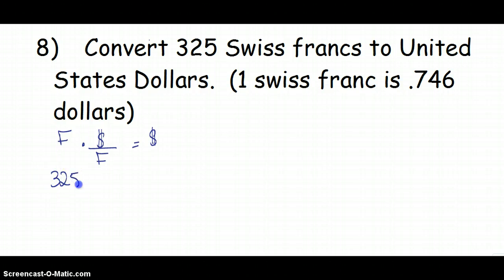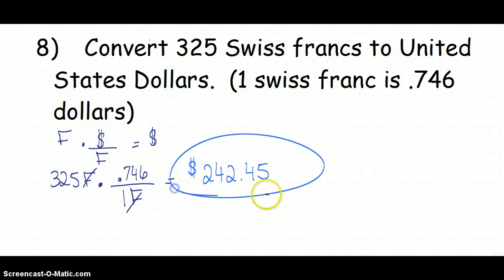I have 325 francs. I have $0.746 for each 1 franc. Francs cancel. So now I have 325 times 0.746. So my answer is, when I multiply this, $242.45.